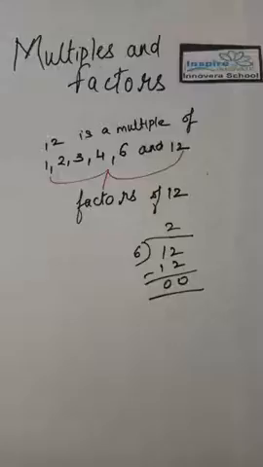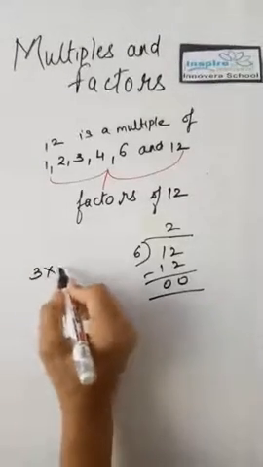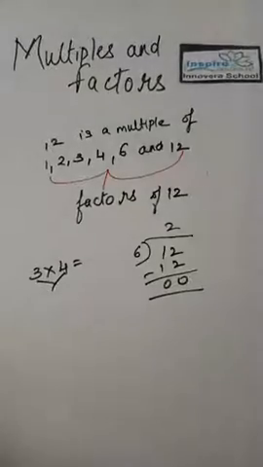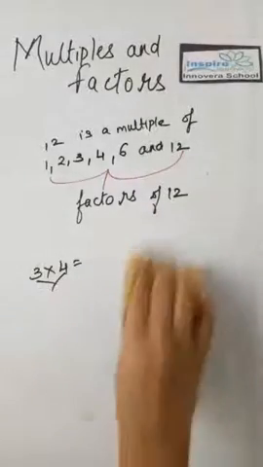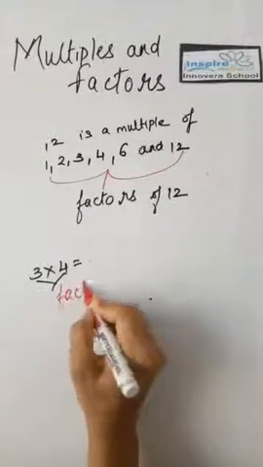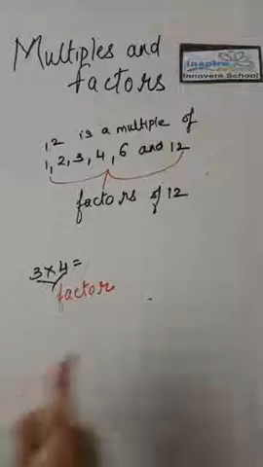So we know now that when two or more numbers are multiplied to get a product, they are called the factors of that product. Like see, 3 4s are 12. So 3 and 4 are factors. Two or more numbers are multiplied to get the product.